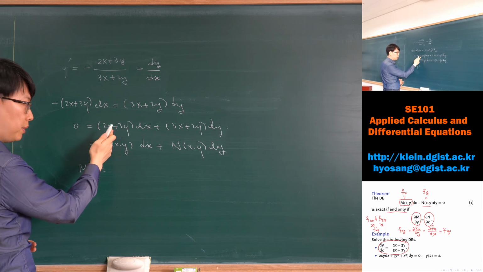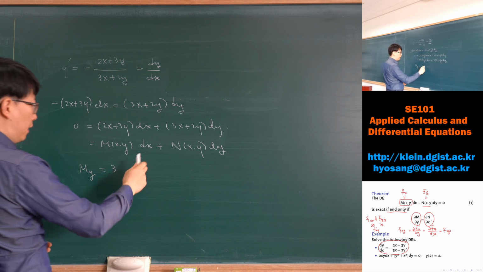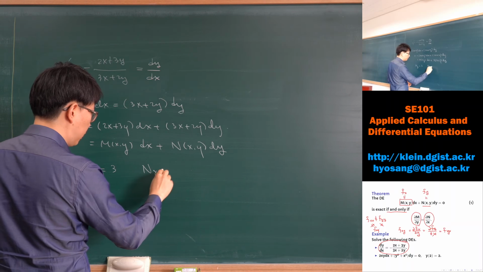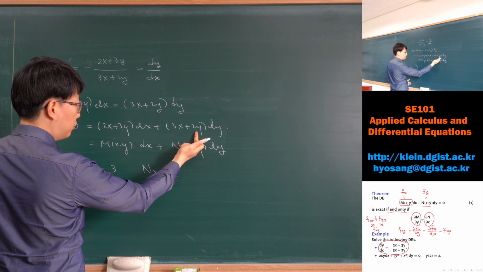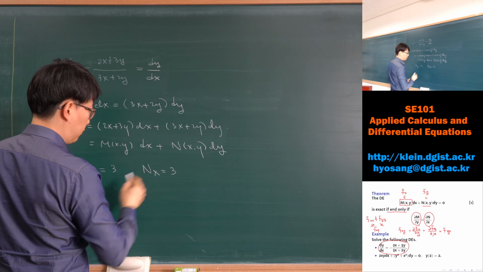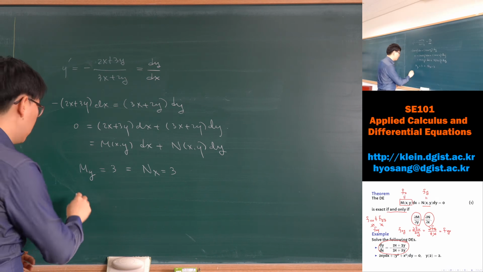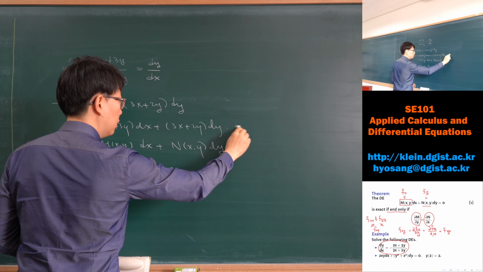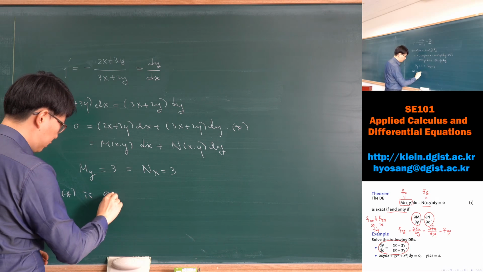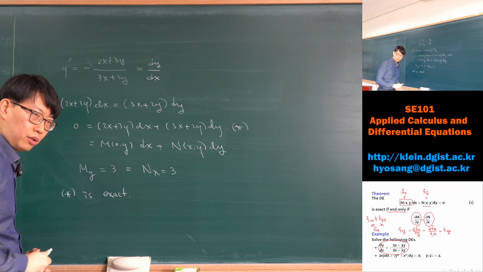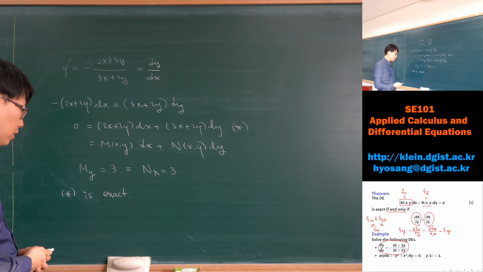So 2x disappears and 3 survives. And for N, taking the partial derivative of 3x plus 2y with respect to x, it's 3. So they are equal, and we know that this is an exact differential equation. Then we can solve the differential equation.